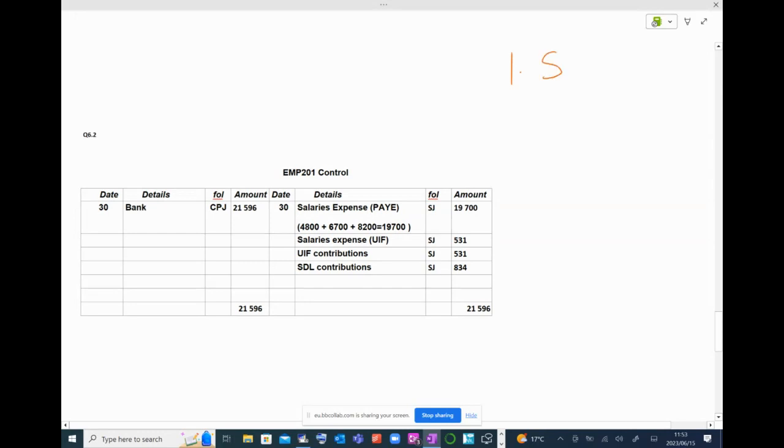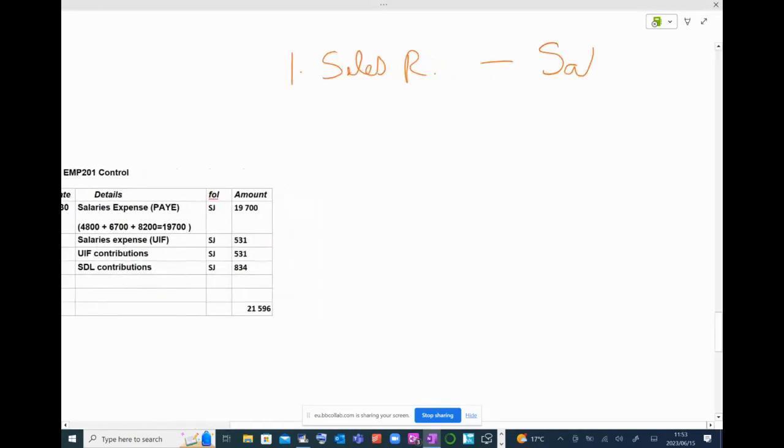Number 1, sales returns gets closed off to where? To the sales. And then what's step number 2? Sales to the, is it cost of sales? To the trading account, yes.